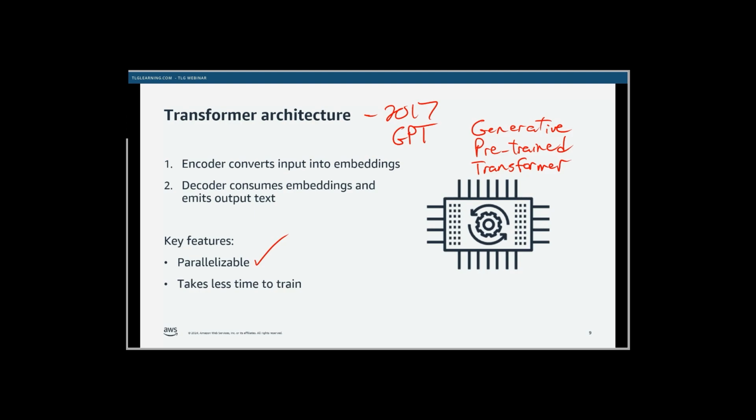It consumes all of the data at once in a parallel way, which can take less time to train, but requires enormous amounts of computing resources, specifically resources such as GPUs, like NVIDIA graphics processors, for example, because of the way they process and deal with math. Graphics processors excel at being used to train foundation models.